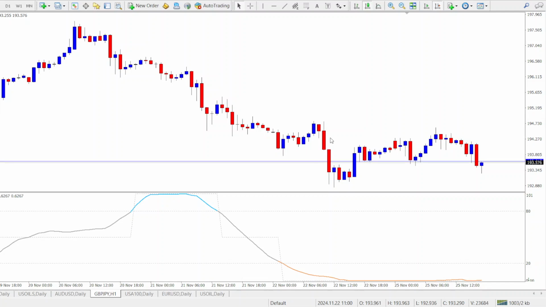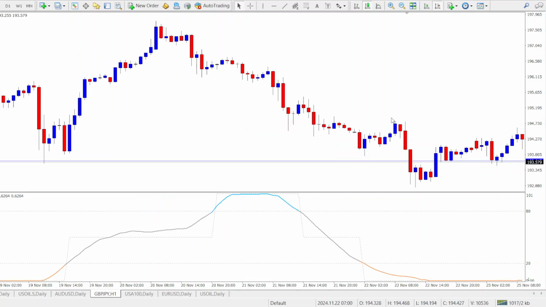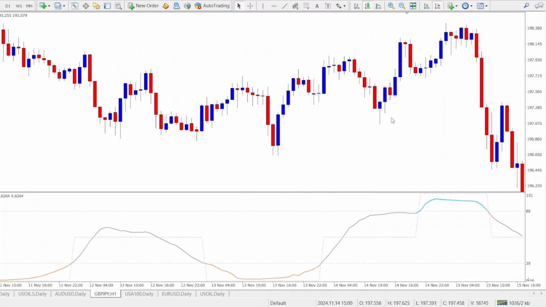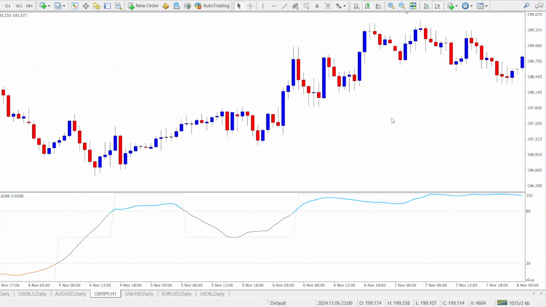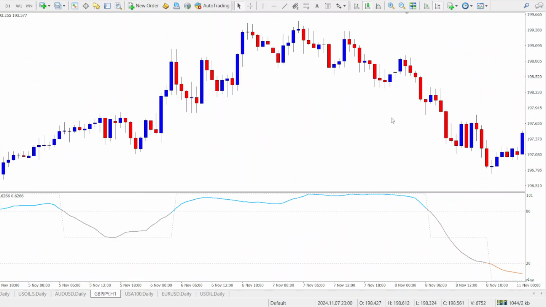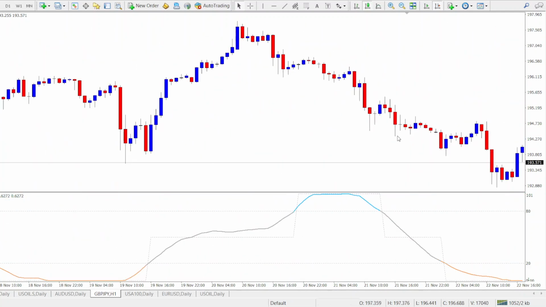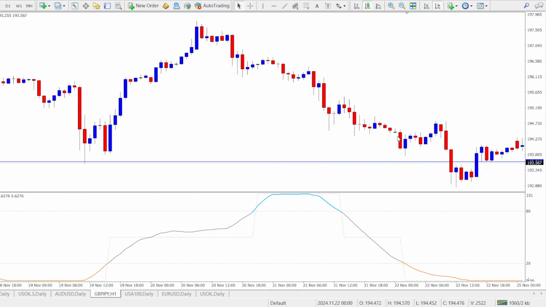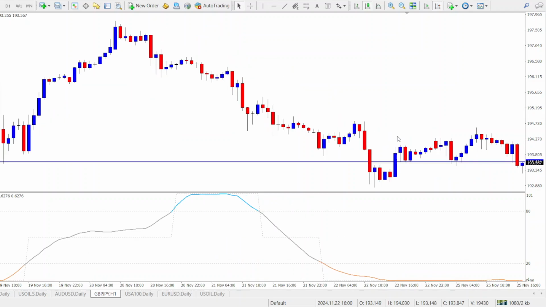Now, this indicator helps traders to determine market bias, and it helps to track the strength or weakness of price trends. The indicator is quite straightforward. It can be used both by beginners and experienced traders. So how do you use this indicator to identify good buying and selling opportunities?